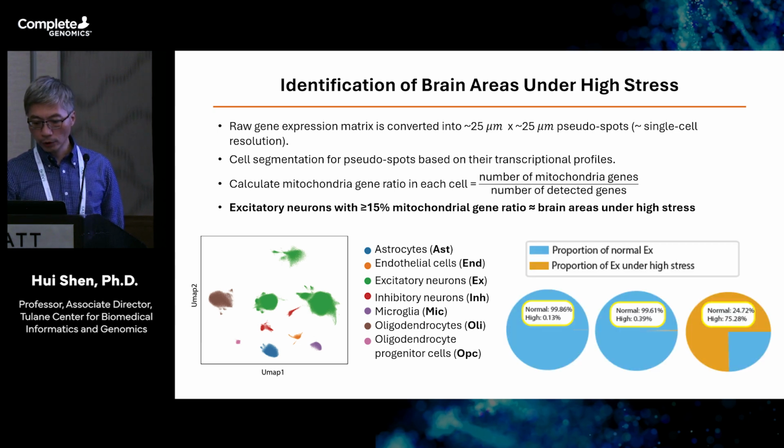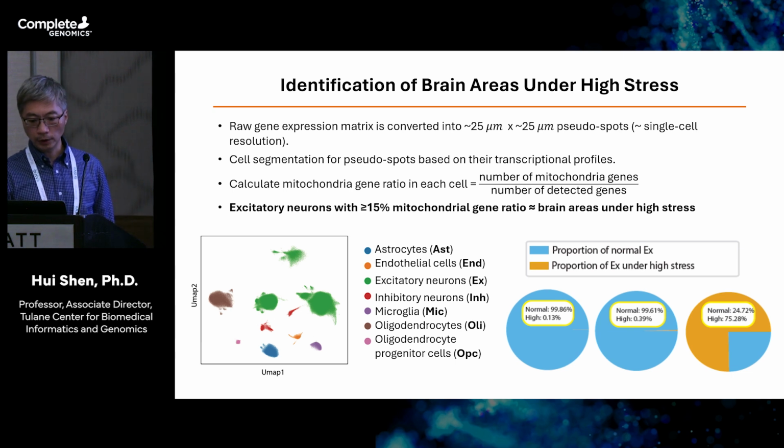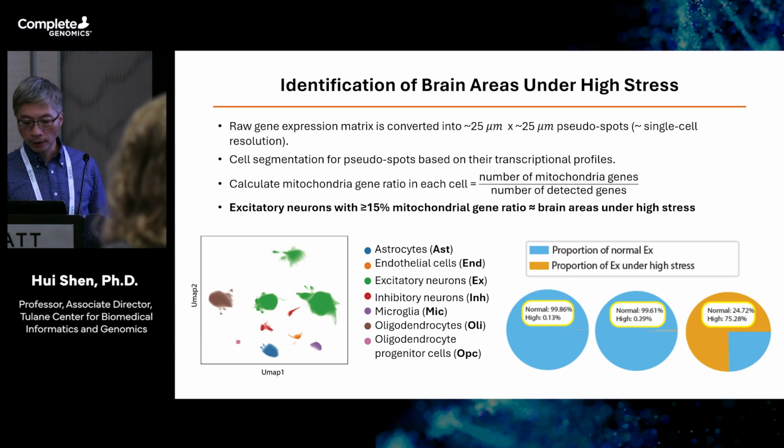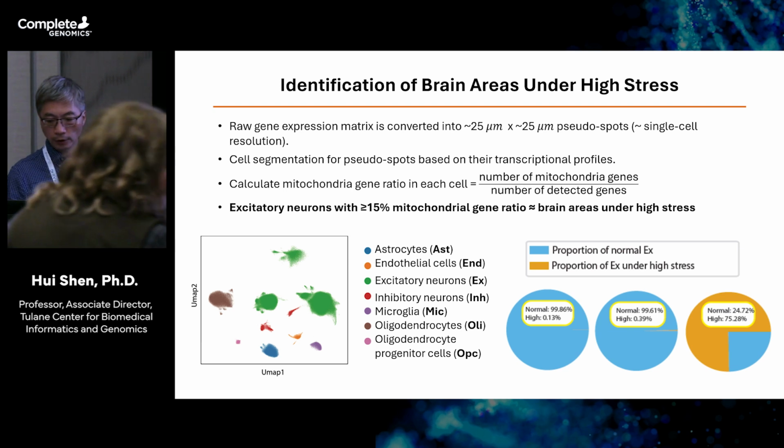This one shows 3 different pie charts. I apologize that I missed some of the footnotes here. This one is the control group. This one in the middle is a moderate AD group. This one is a severe AD group. The blue region represents the proportion of excitatory neurons with normal or lower stress, and the brown area represents the proportion of excitatory neurons under high stress.